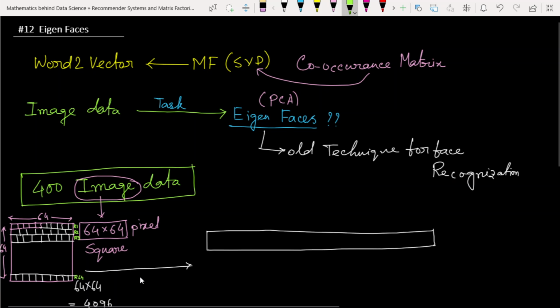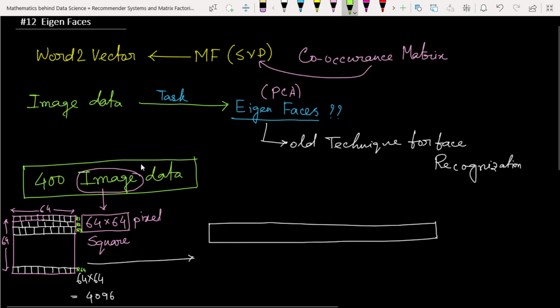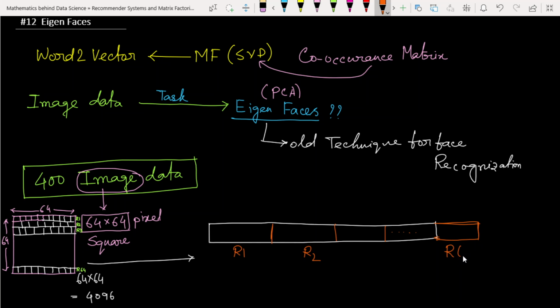First we take the first row and put it here. This is row 1. Now we take the next row and put it here, R2. Now we take R3, like that. At the end of this vector we get R64. Each row has 64 columns.